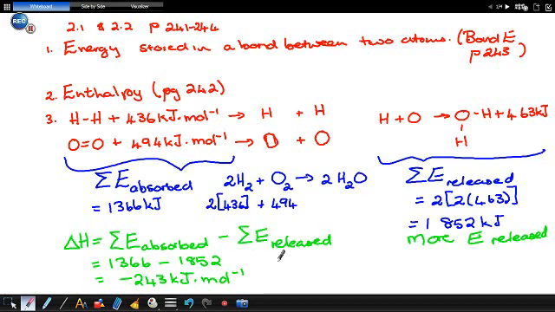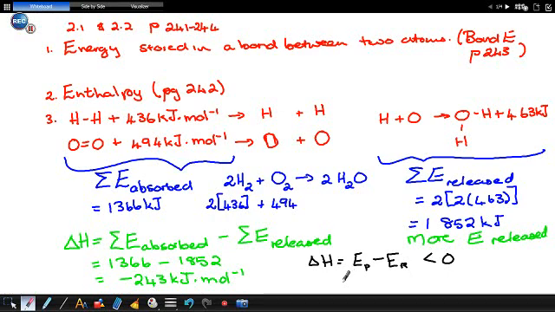So this means that the energy of the product is less than the energy of the reactants, because the change in enthalpy is actually the enthalpy of the product minus the enthalpy of the reactants, and that is a negative value.